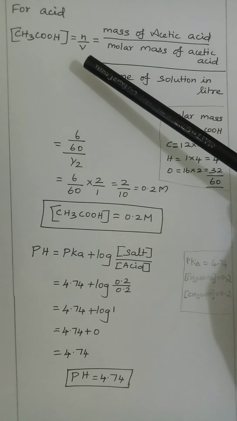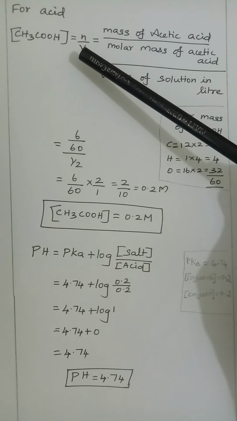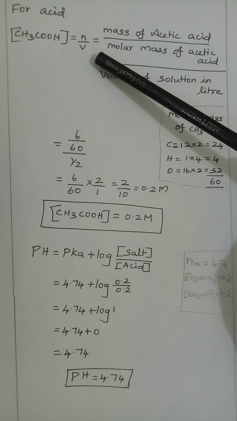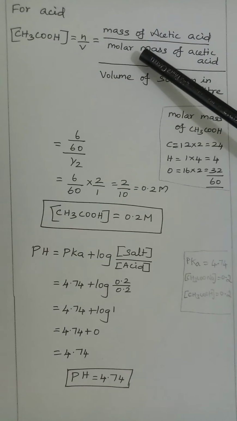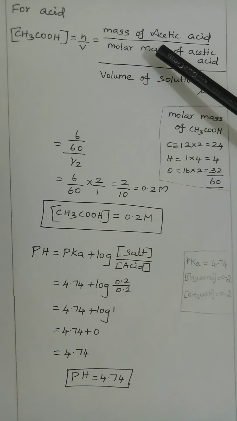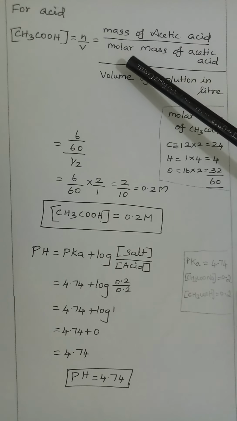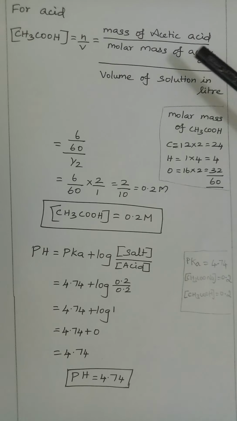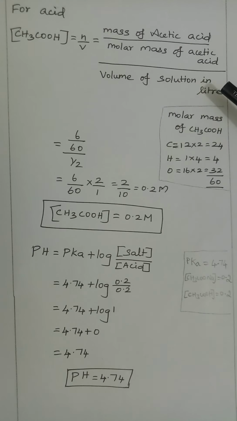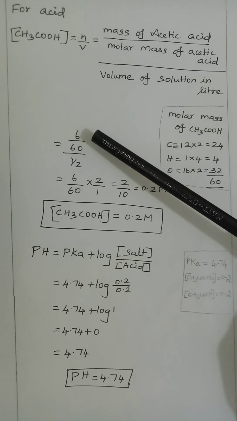The concentration of acetic acid can be calculated by the same procedure. N by V, where N is the number of moles, mass by molar mass. Mass of acetic acid divided by molar mass of acetic acid, and V is the volume of solution in liter. Mass of acetic acid, 6, is given in the sum.